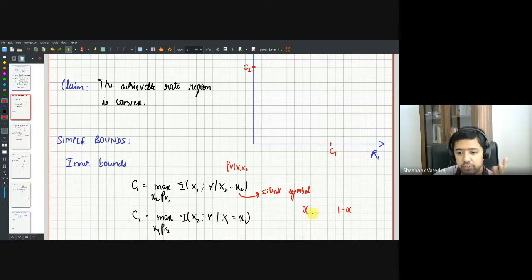Then for alpha fraction of the time, user 1 should be operating at rate C1 and user 2 should be operating at rate C2. Because after all, in the time that you are active, you should be talking as much as possible. So the effective rate that you can achieve is alpha C1 and 1 minus alpha C2, because you're talking for only alpha fraction of the time.